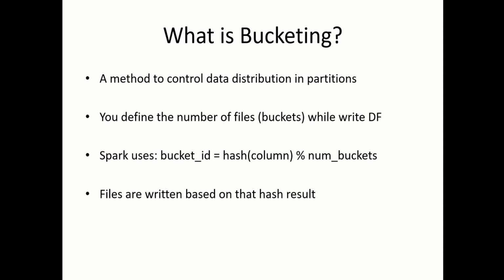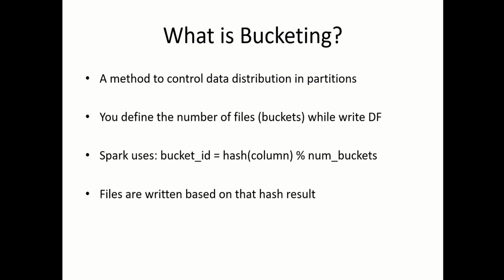So here it will create a hash for that city column. You are seeing bucket ID equals hash of the column name. Here the hash will be a particular number, that can be 1, 2, 3, 4, 5, 6, 7, 8, 9, 10, or whatever. And then it will get divided by the number of buckets.